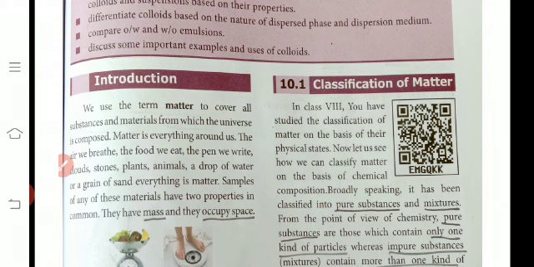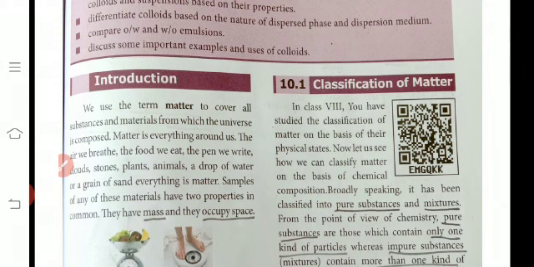The air we breathe, the food we eat, the pen we write with, clouds, stones, plants, animals, a drop of water or a grain of sand, everything is matter.